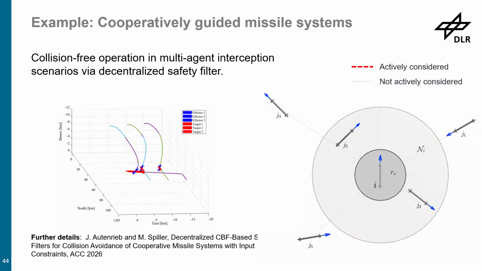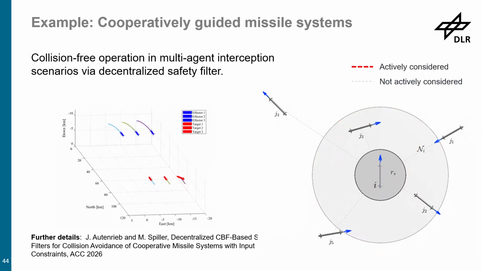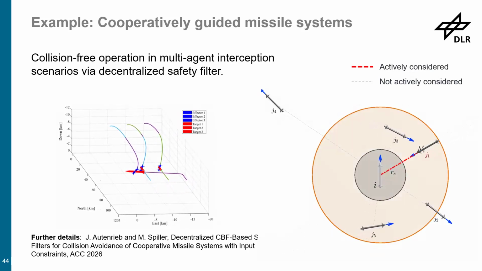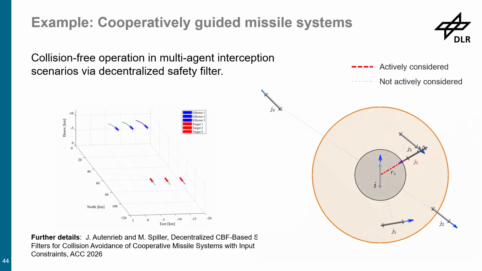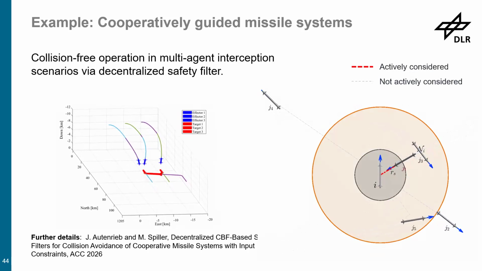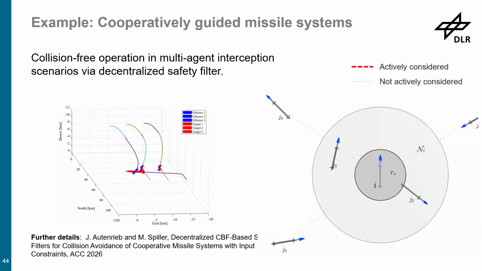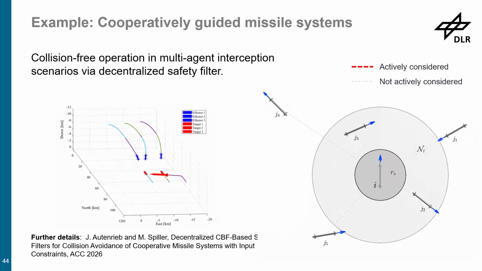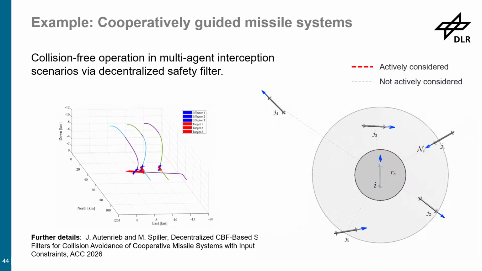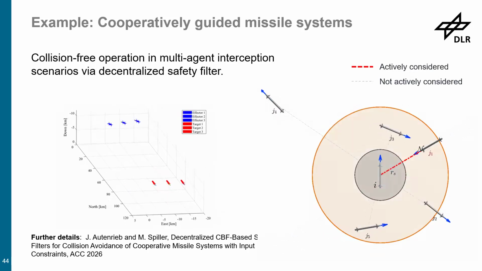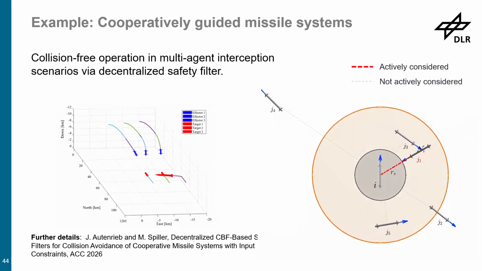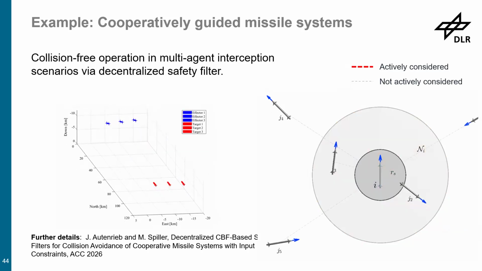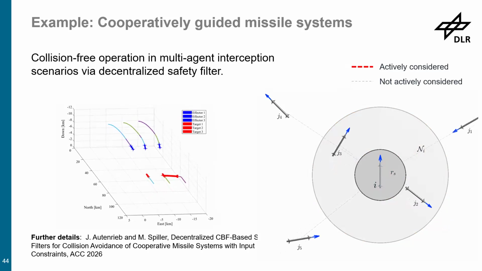If we just plug in the standard CBF approach, you easily get to a point where the QPs become very complex and you lose real-time guarantees, right? If you have, let's say, 20 or 30 agents, each QP would have to consider 20 or 30 inequality constraints, right? Which is not helpful.